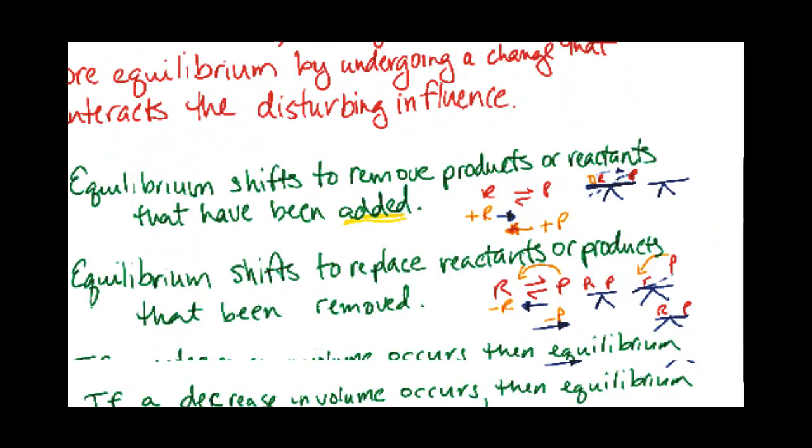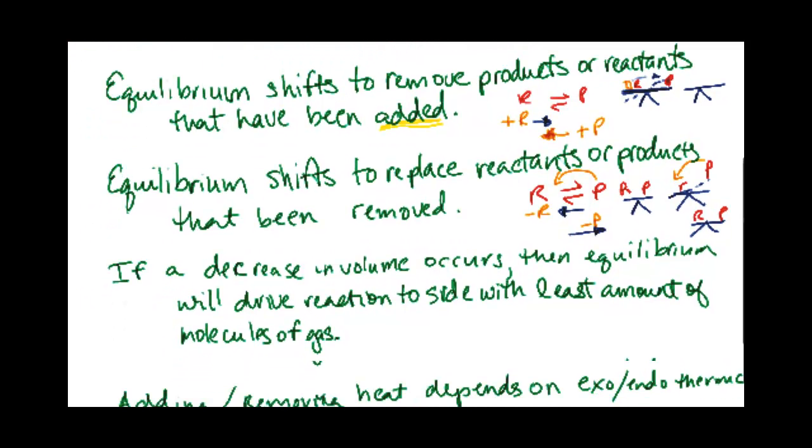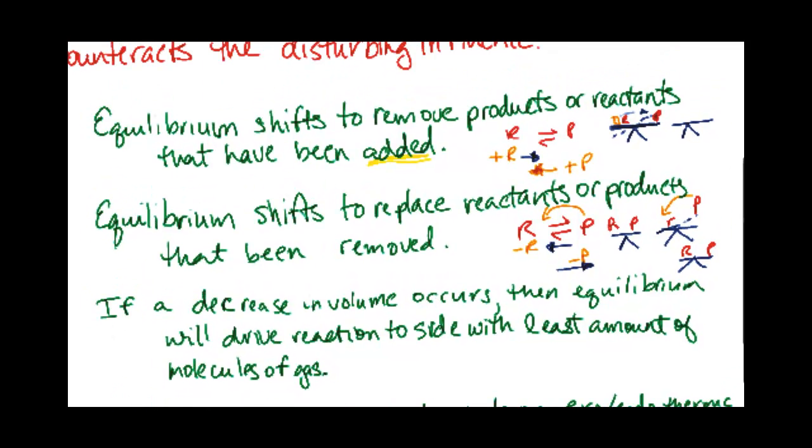Now for volume change, especially decrease, it's a little tricky. It all depends on the moles of gases. So if we look back to that example we had earlier, when we were looking at the formation of ammonia, in this case, let me balance it.